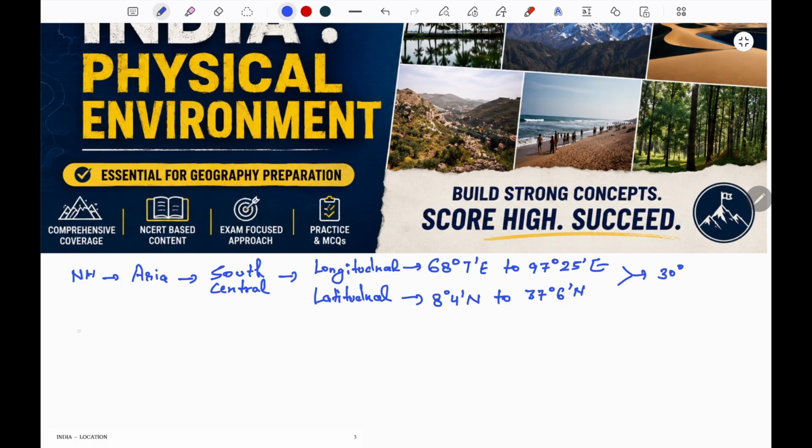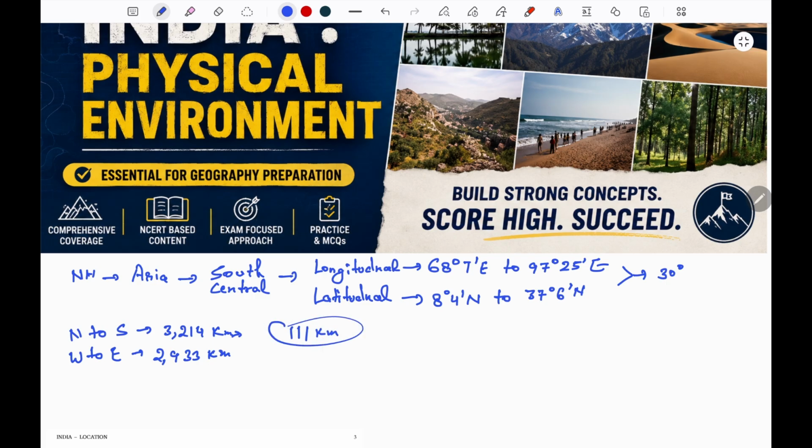But when the actual distance is measured from north to south, it is around 3214 kilometers. And from west to east, it is 2933 kilometers. Why is this less? Because the distance between the latitudes remains the same, that is around 111 kilometers.